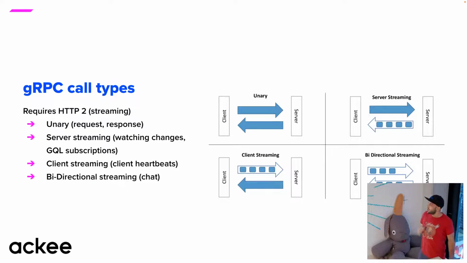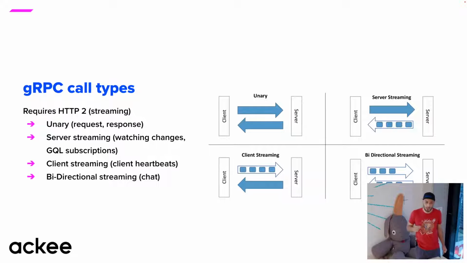Okay, maybe what is unique about gRPC? What distinguishes it from the other technologies that you might know? It's the rich call type model. One thing to know is that it requires you to use HTTP2, which is kind of a bummer if you need to deal with some clients, but okay, it just requires HTTP2 streaming.